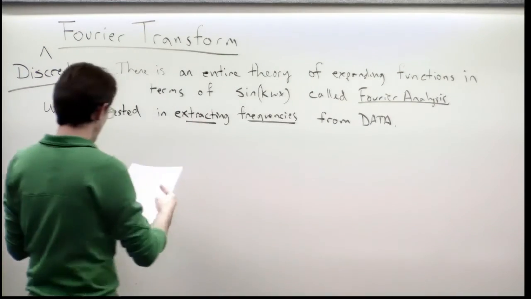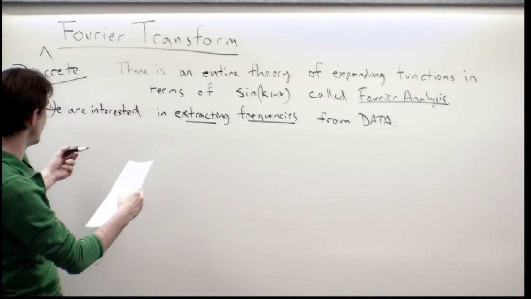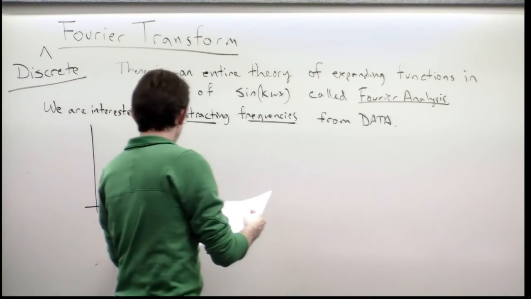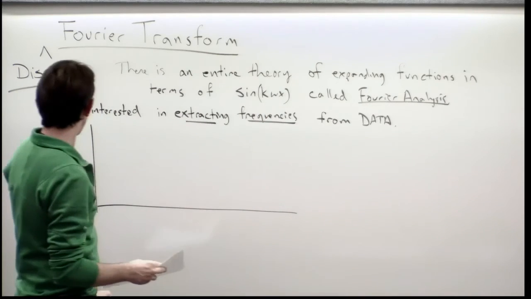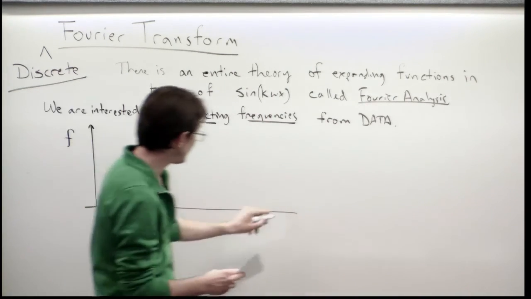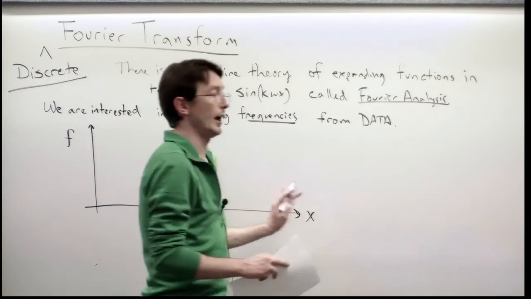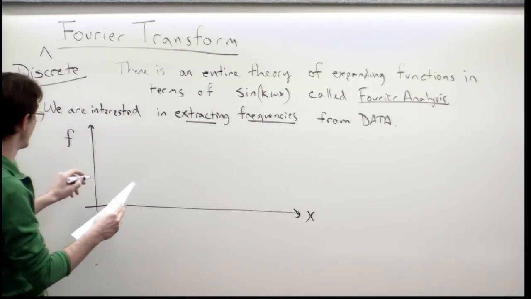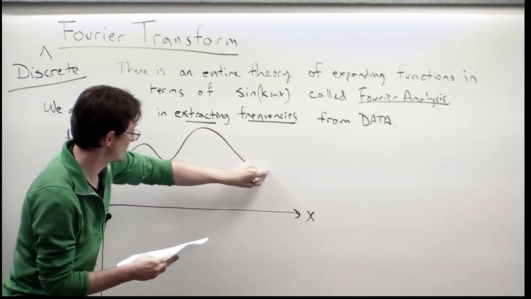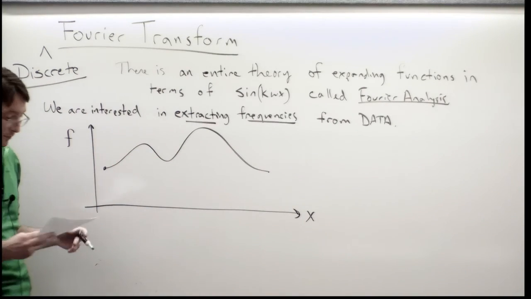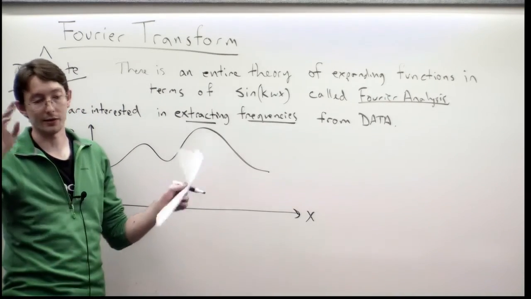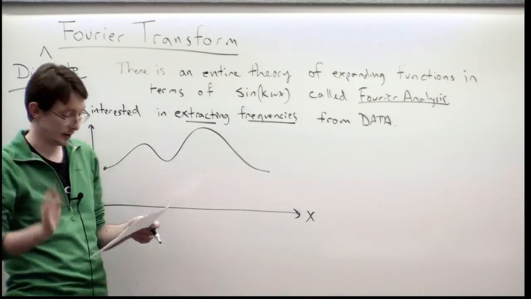I'm just going to draw a picture of my data. Here we have some function defined on some variable x, and I'm just going to draw some function. But I can't write down this function. I can't say it's 3e to the sine omega t.